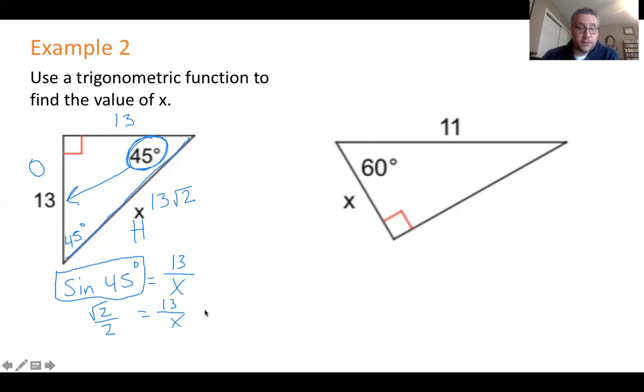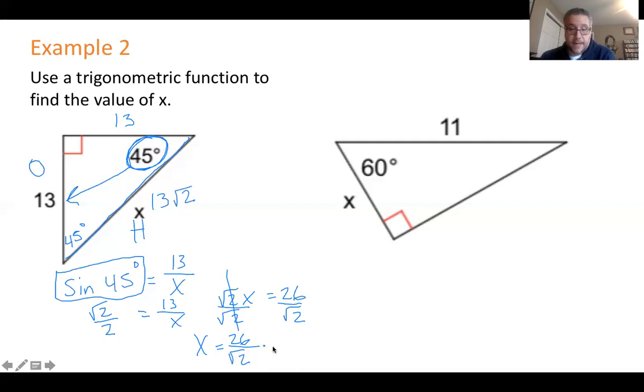Now you can cross multiply. √2 times x is √2x, and 13 times 2 is 26. To get x by itself, you divide both sides by the square root of 2. Those cancel, so you have x equals 26 over the square root of 2. If that's as far as you're comfortable taking it, that's okay. There's an old-fashioned rule in math that says it's basically like bad grammar to have a square root in the denominator.